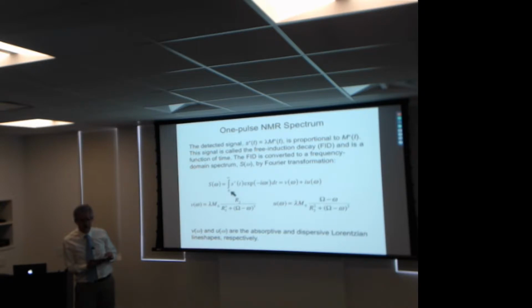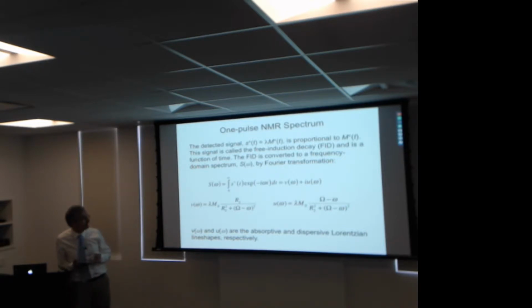This will turn out to be important later. If you look up the standard Fourier transformation in a math textbook, it'll be defined usually from minus infinity to plus infinity, but we don't have any signal at negative time. We have no signal before the pulse. And while that may seem like a trivial difference, it turns out not to be trivial. So we'll come back to it.